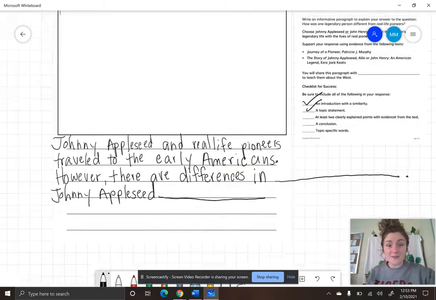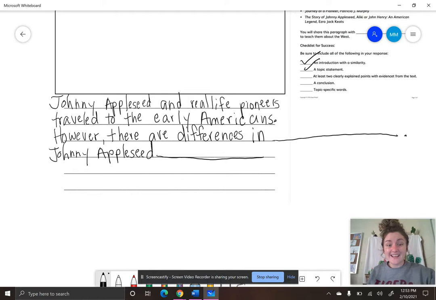How did Johnny Appleseed travel? How did he travel, Smarties? Think about it. But there's that conjunction but. So this is still one sentence. Johnny Appleseed traveled how? Look at your evidence organizer.